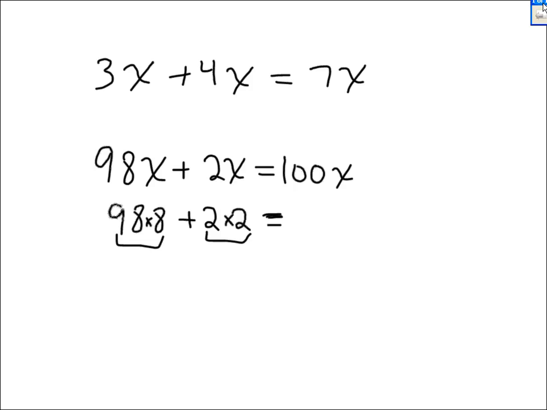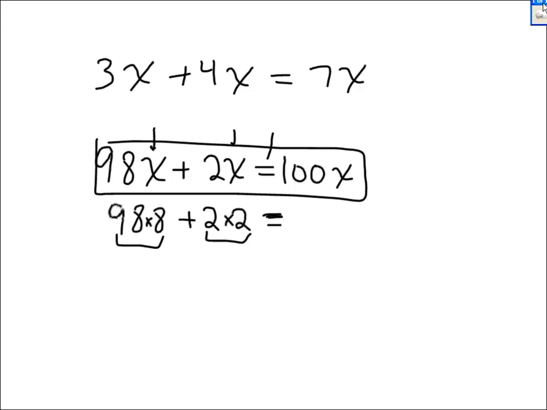But the answer is right above. I'm just telling you what x is. If this equal sign is valid for x's, and it is, 98x plus 2x is identically 100x. They are equal.